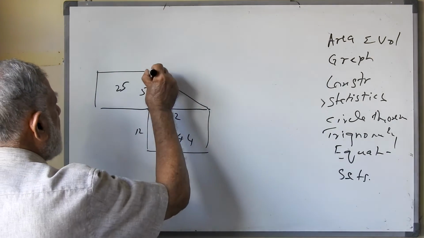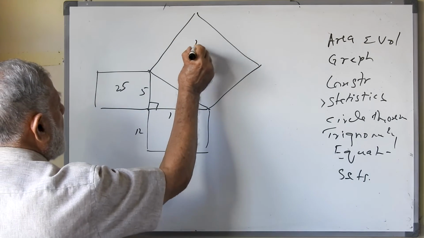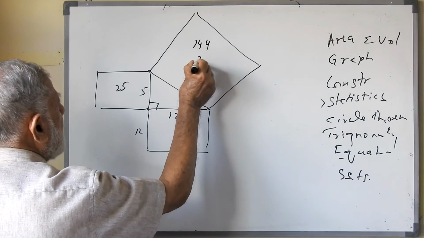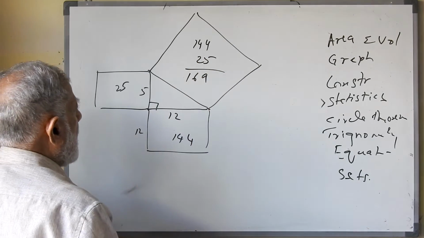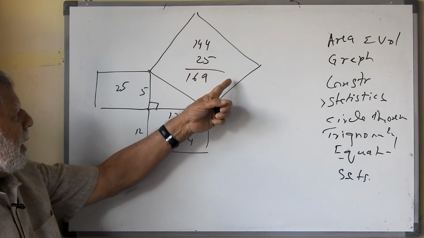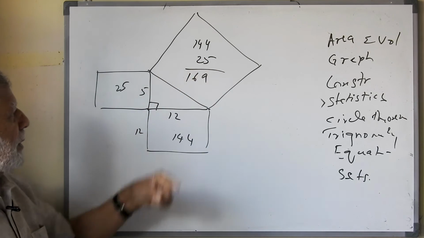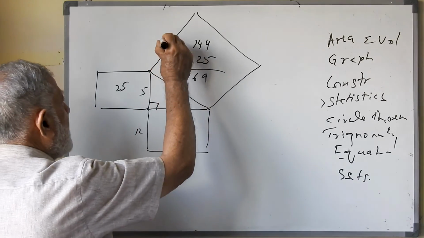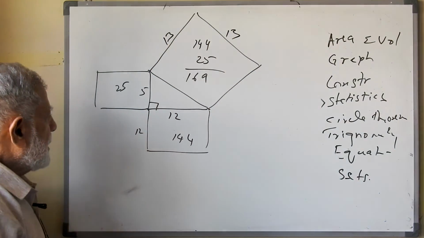So the area of the square on the hypotenuse will be 144 plus 25, that is equal to 169. So 169 is the total area of this square. Look at it carefully, 169 is a square number, so one side will be equal to 13, because 13 into 13 is 169.